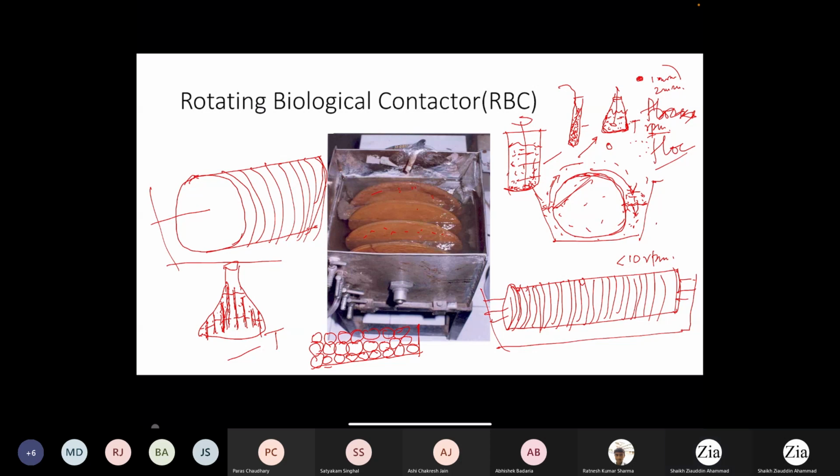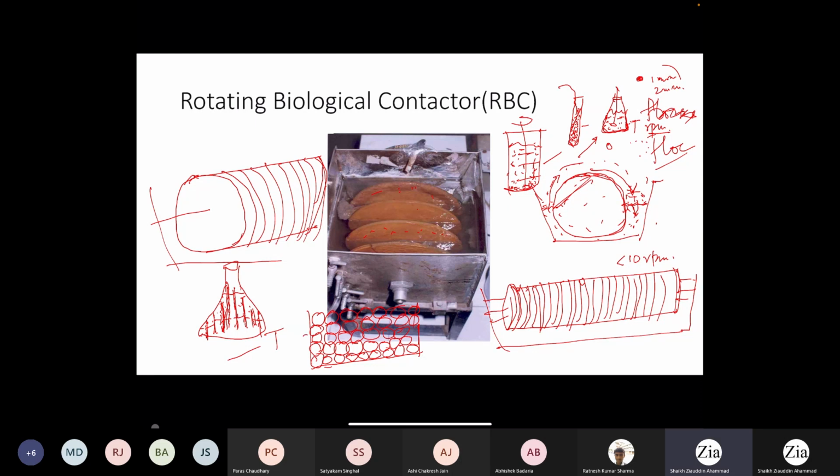And if the thickness is significantly high, then the shear rate can impact the multi-layer biofilm at different levels. Suppose you have a really very thick biofilm. They are not very compactly attached to each other.